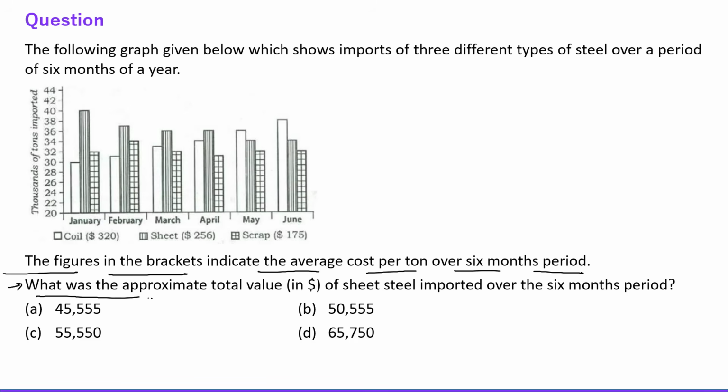What was the approximate total value in dollars of sheet steel imported over the 6 months period? For sheet steel, we have done it earlier for the first 3 months. So for the first 3 months, the values, let me write it again. This was 40, this was somewhere 37, and this was somewhere 36. This we have done already.